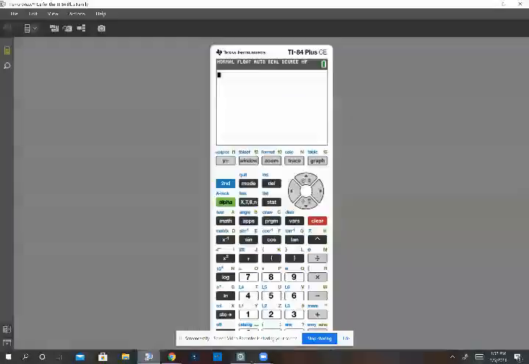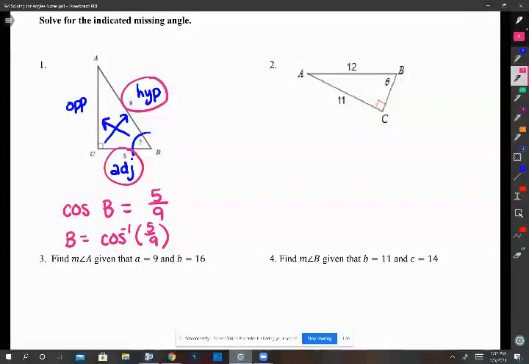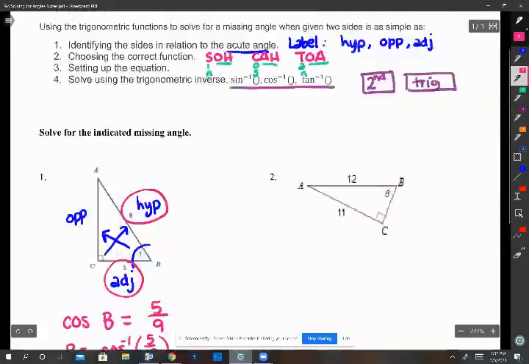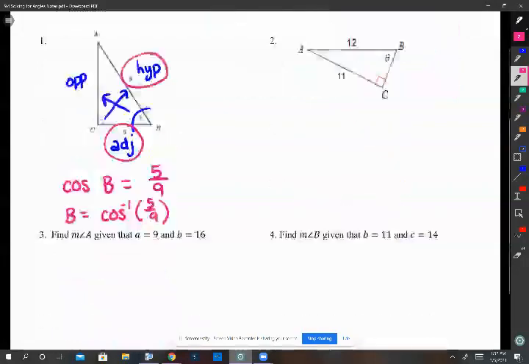In our calculator, we go second cosine, and that's how we get the -1 up there, and then 5 divided by 9. Close our parentheses, and we get 56.3 if we round to the tenths place, which it doesn't tell us in this one, so we're just going to go with 56.3.